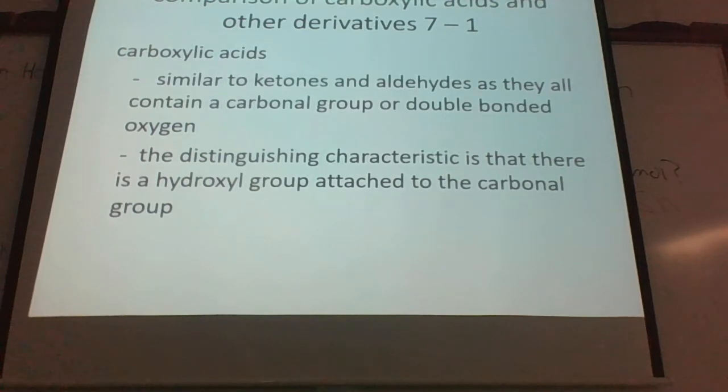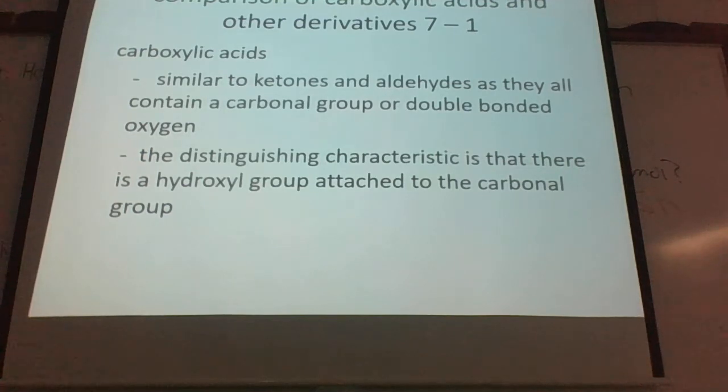Remember, they all have carbonyl carbons, or carbonyl atoms. So think structurally, that carbonyl atom for carbon in a ketone is where? Anywhere other than the end. Yes, so you can eliminate ketones.